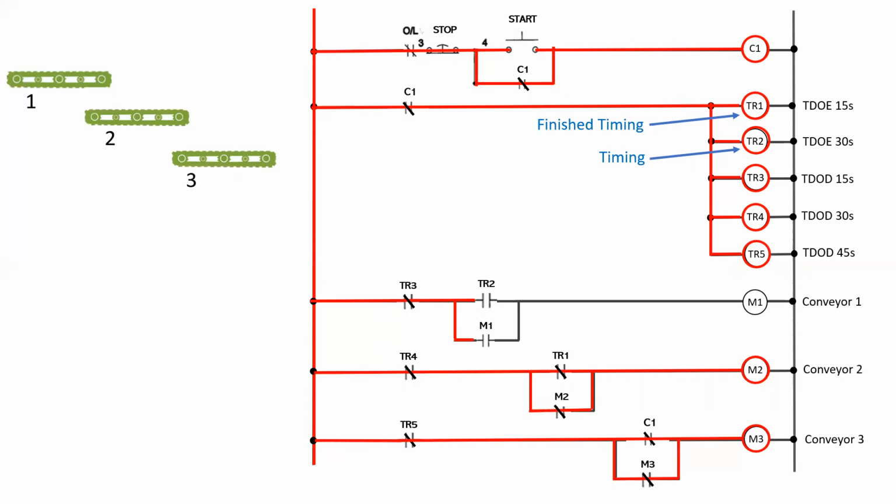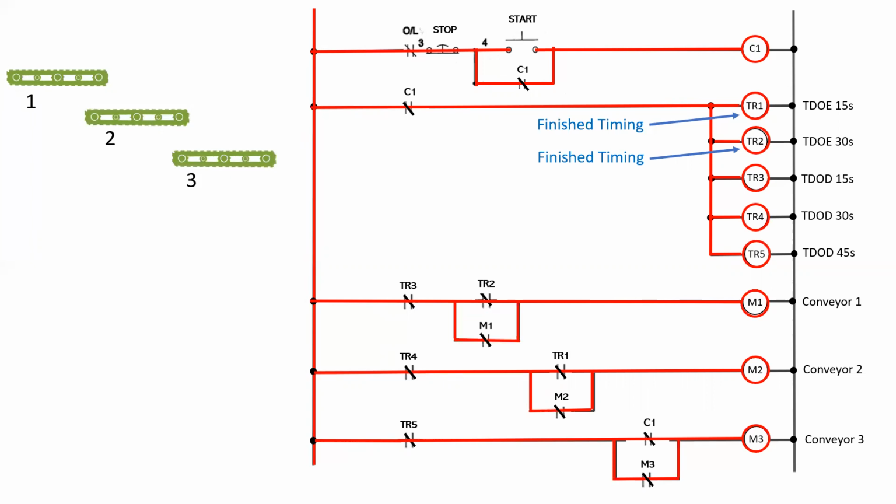Finally, my TDOE 30-second relay will finish timing, and once it finishes timing, it's going to change state for the TR2 normally open contact. It will then close, energizing the M1 coil, which will then result in the M1 contacts, including the power contacts for motor 1, going closed and the motor starting.